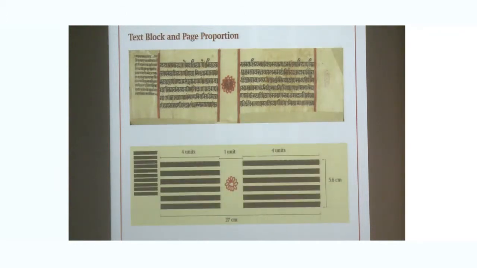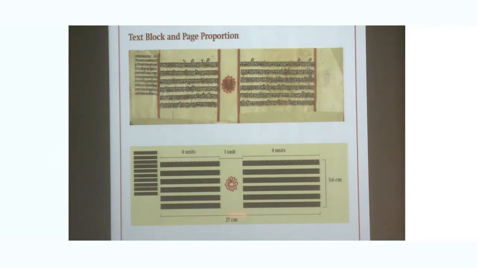In this layout, the text block looks very dark in texture, with around 6 lines per column. These columns are divided into 4 units, the in-between space is 1 unit, and the ratio is 4:1:4. The total text block width is 27 centimeters, and the height of the text block is 5.6.